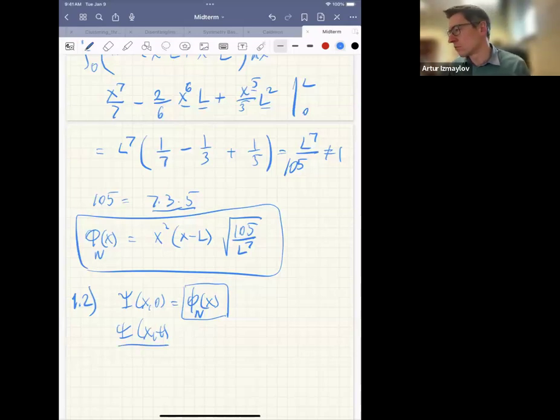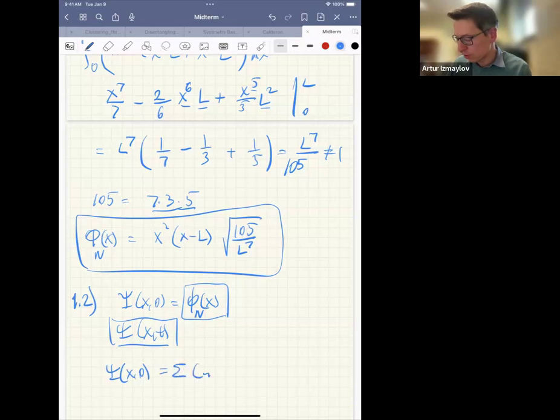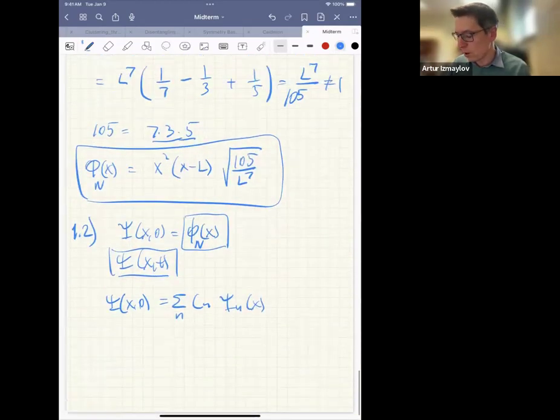Now, the next question is how do we produce psi at x, t? The idea here is that in order to produce the solutions of the time-dependent Schrodinger equation, the easiest way is to express this as a linear combination of eigenstates of the particle in the box, because we're talking about being in the box.